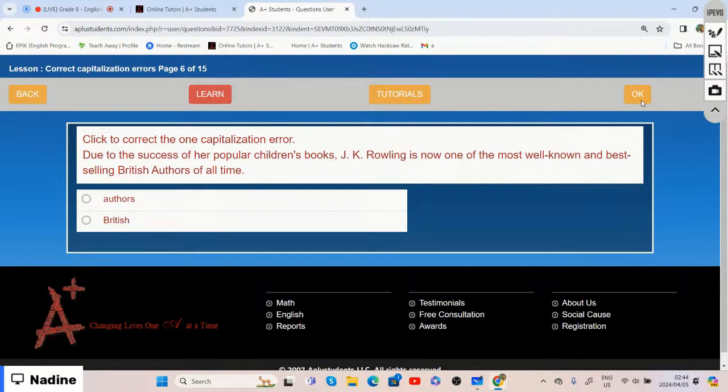So now we're going to click the one capitalization error. It says, due to the success of her popular children's book, J.K. Rowling is now one of the most well known and best selling British authors of all time. So is it authors with lower case, or British with a capital letter?